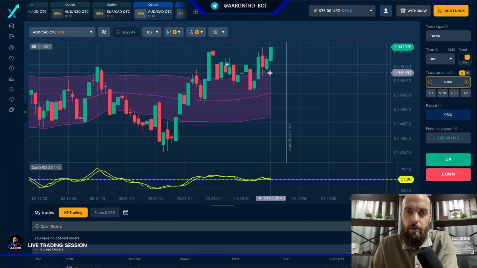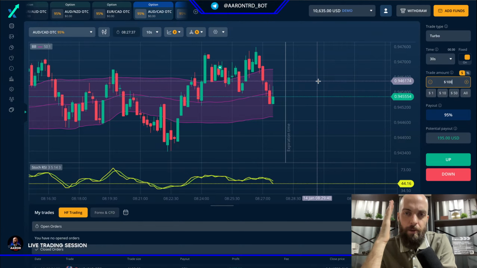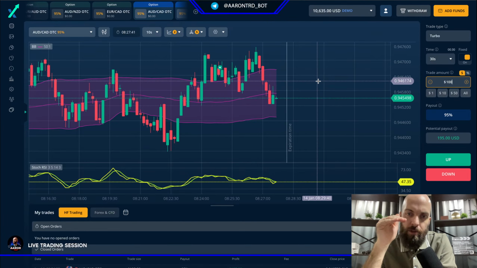And there we go. Okay. So we've pierced back through. Let's see if it's going to give us a candle pattern. We're looking for anything here. Momentum's coming down. Price doesn't really know what it wants to do.